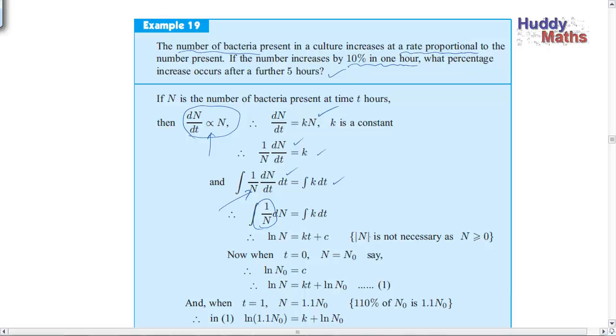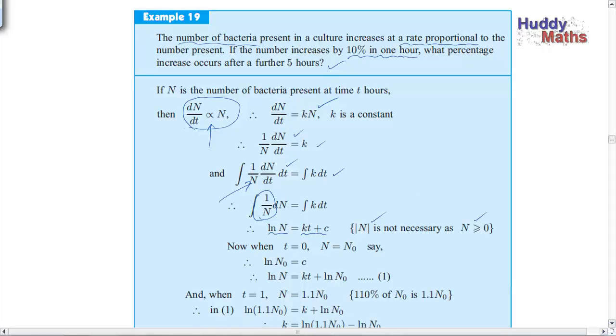You only have to integrate with respect to n. Therefore it's ln n, and you don't have to put mod n here because the number of bacteria will be positive. You can't have a negative there. Mod n is not necessary as n is greater than or equal to 0.